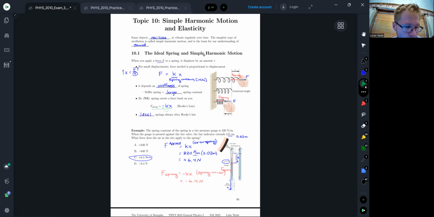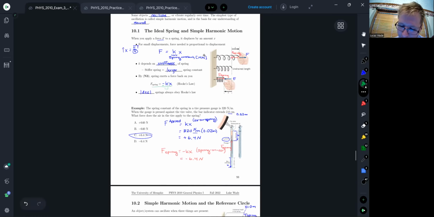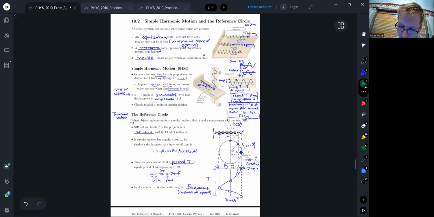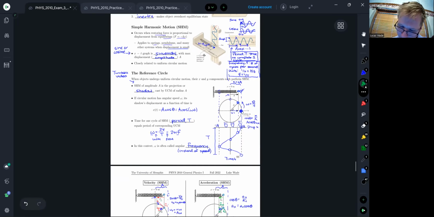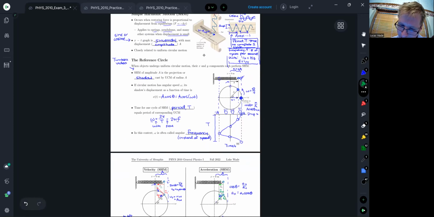And there is a problem where it would help you to draw a free body diagram, but I guess it's not strictly required. But just knowing that relationship between the displacement of a spring and the force it exerts. Then for simple harmonic motion, there's not a lot on this reference circle stuff. That was just a means to an end.